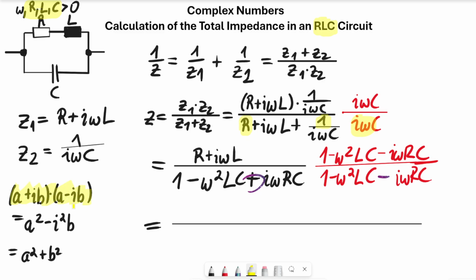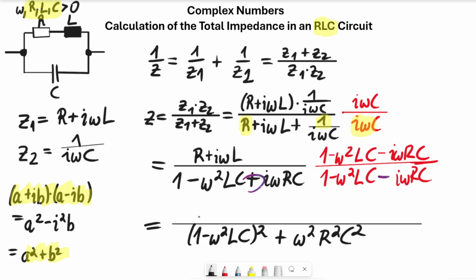So the multiplication with the conjugate is a squared plus b squared. So this is actually the magnitude of the complex number squared at the end. But we don't need this here, so use it. It's 1 minus omega squared LC, squared, plus, always plus, you don't have to worry about this sign, omega RC squared. So it's like a squared real part plus imaginary part squared, what we did here.